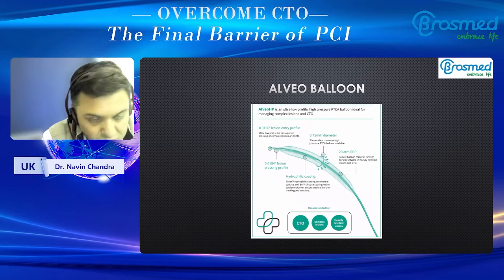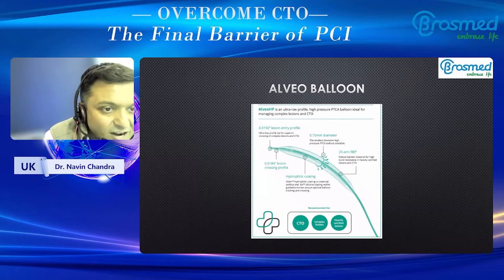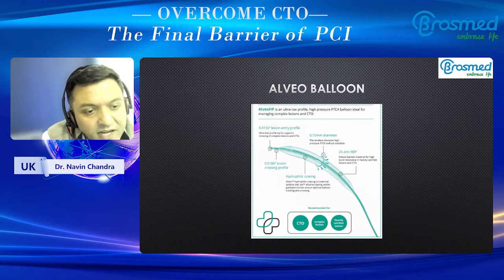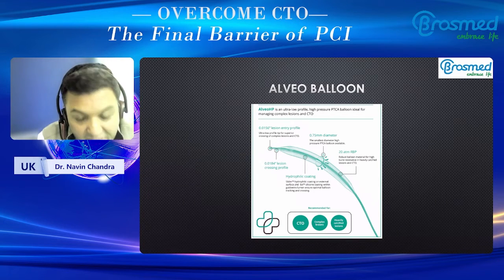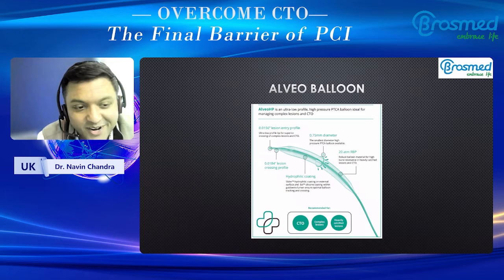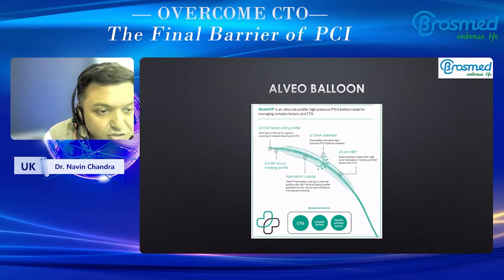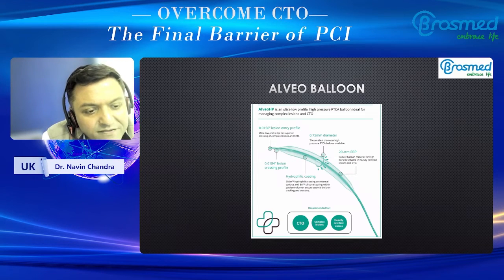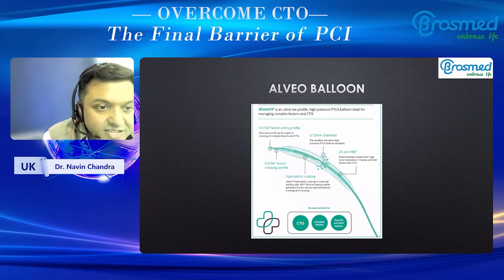It is also small in itself at 0.75, being the smallest balloon available, and it does allow high pressure inflations. It can go up to 20 atmospheres quite easily. I'll be honest with you, I've certainly taken it higher than that, 24 and 28, so it can tolerate that in most cases quite well. So a good balloon to have in your arsenal when facing CTOs or complex lesions or heavily calcified lesions, as demonstrated here.